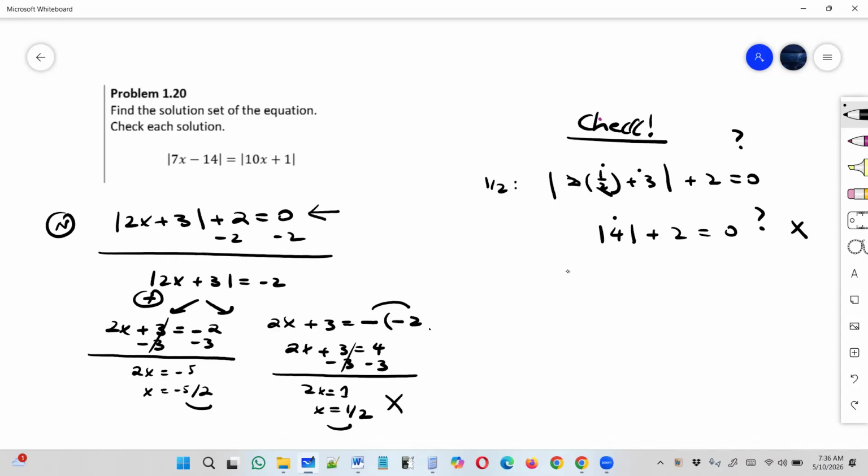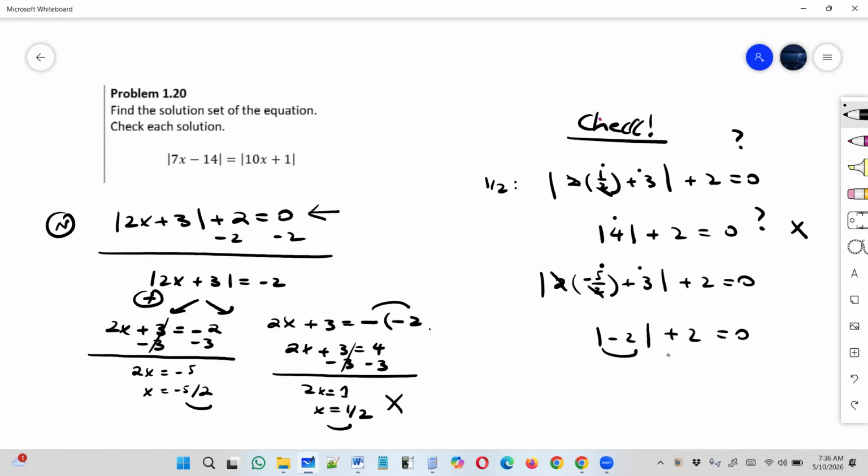Let's check the second one. Replace x with the number. Again, the 2's cancel, and I have negative 5 plus 3, negative 2.